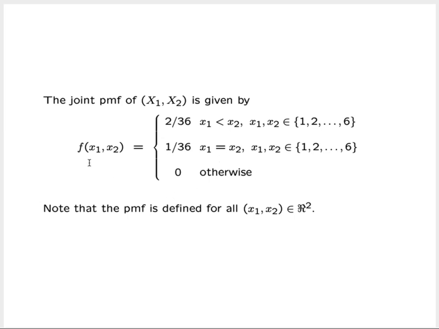And then if we evaluate the PMF at any other point in the plane, then it evaluates to 0. Now note that the way that this PMF is defined, it is defined for all points in the two-dimensional plane. Remember that whenever we define a PMF or a CDF, it has to be defined for all values in the appropriate space for which it's being considered.